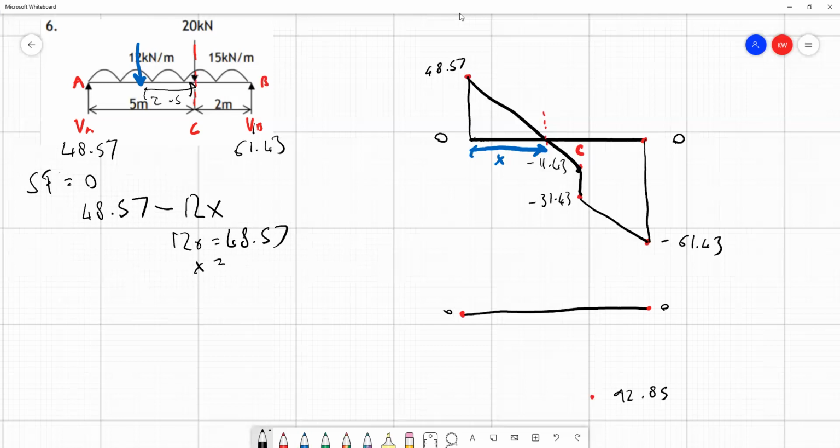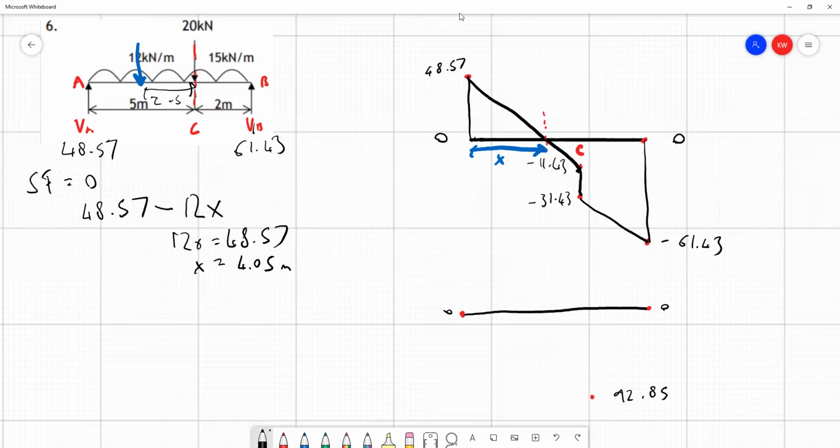So that distance X, that point before C, is 4.05 meters across. So we need to work out what's the bending moment at that point, at 4.05 meters.